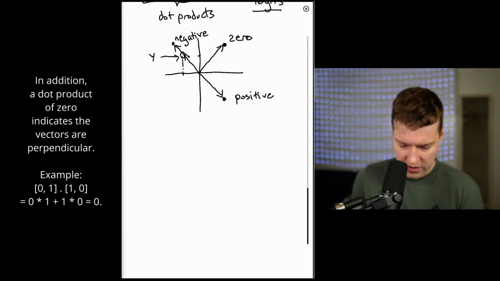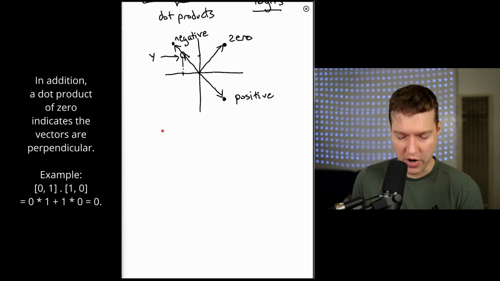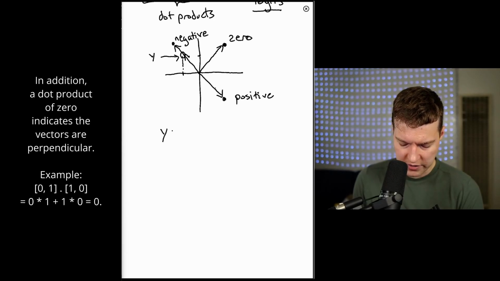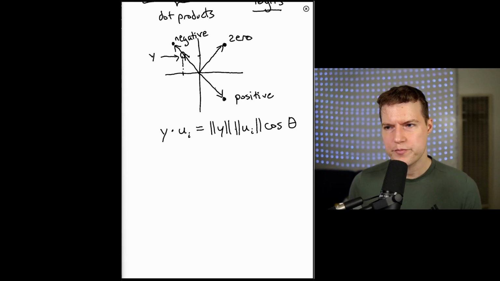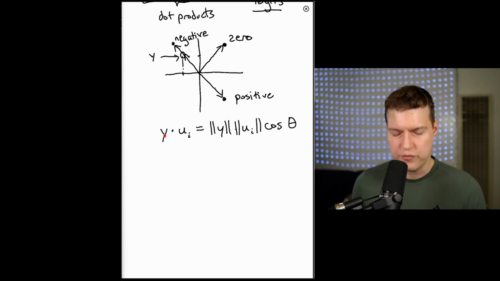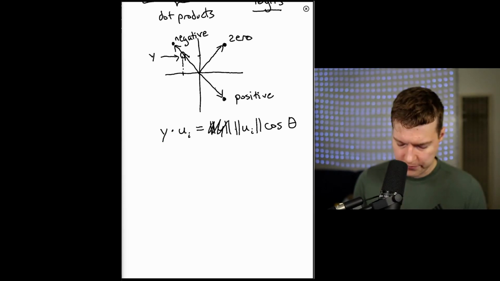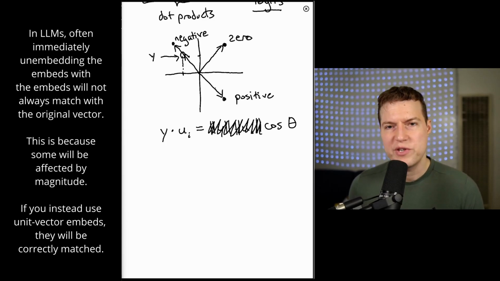If we take a dot product, like y dot ui, this is equal to the magnitude of y times the magnitude of ui times the cosine of the angle between them. If you normalize u and y and make them unit vectors, then the dot product equals the cosine of the angle between them.